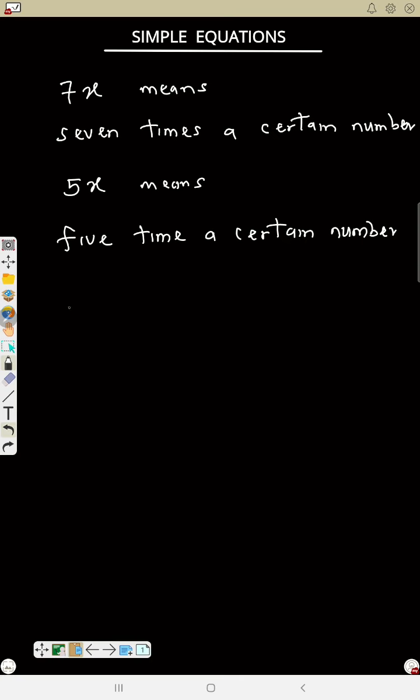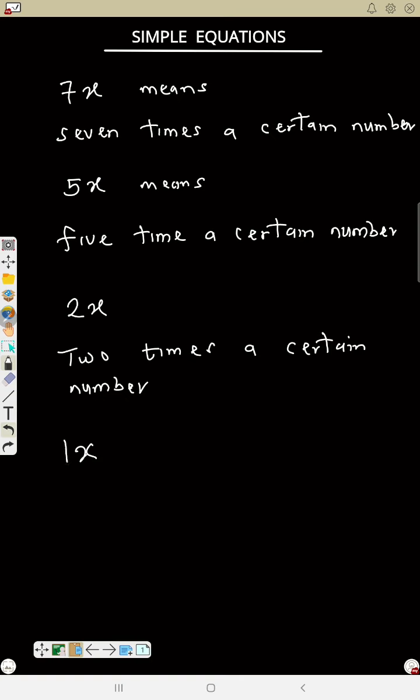Now what can you say about this 2x? It means 2 times a certain number. What can you say about this x? There will be 1 here.